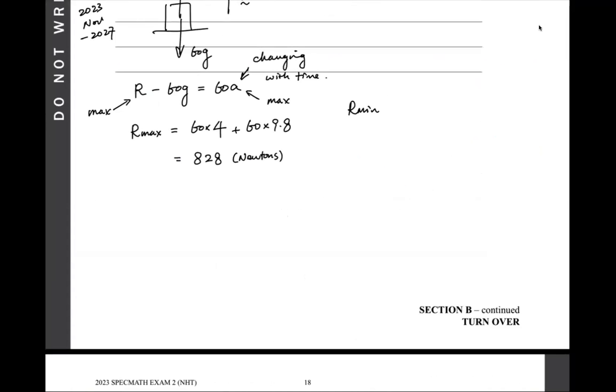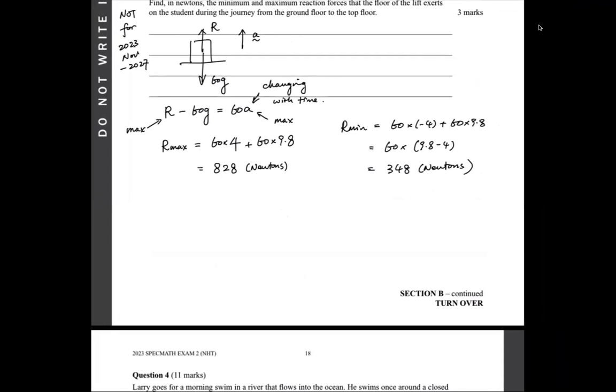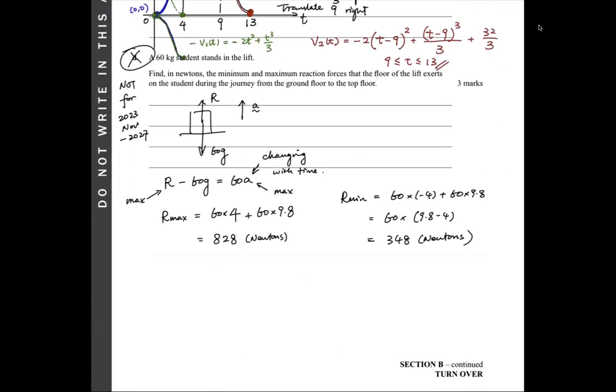Then we should get R minimum equals 60 times -4 plus 60 times 9.8. So it's 60 times 9.8 minus 4, which gives you 348 newtons, if I calculated correctly. Okay, but anyway, part D is not relevant for the current study design, so just be aware of that.